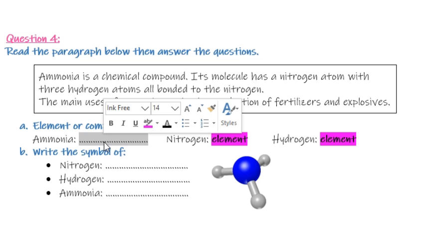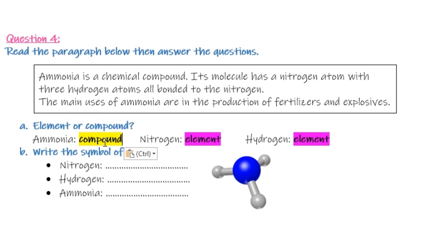It's a compound. Perfect. Good job. So since ammonia is made of 2 different elements combined together, which are the nitrogen and the hydrogen, ammonia is a compound, while nitrogen and hydrogen are elements.